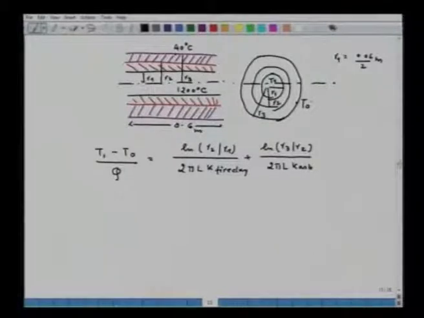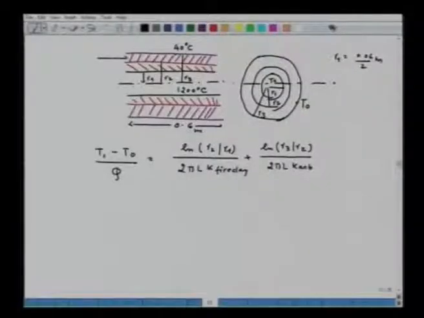Now mind you, here we do not need the value of the heat transfer coefficient because the temperatures directly at the interface are given. So that is why I have not used the heat transfer coefficient. Now it is said that the asbestos magnesia can sustain a maximum temperature of 850 degrees Celsius.